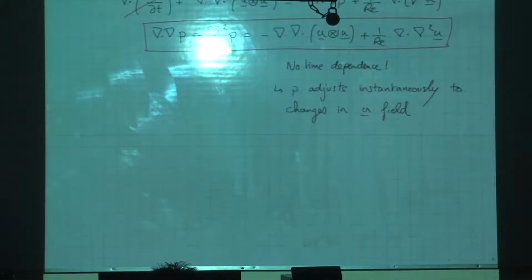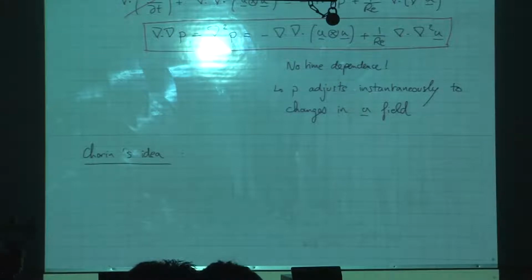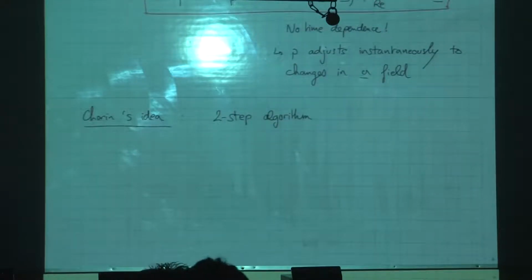So from this observation, we get to Chorin's idea. Chorin's idea was to use this change of velocity leading to a change of pressure to propose a two-step algorithm. The two-step algorithm is as follows.